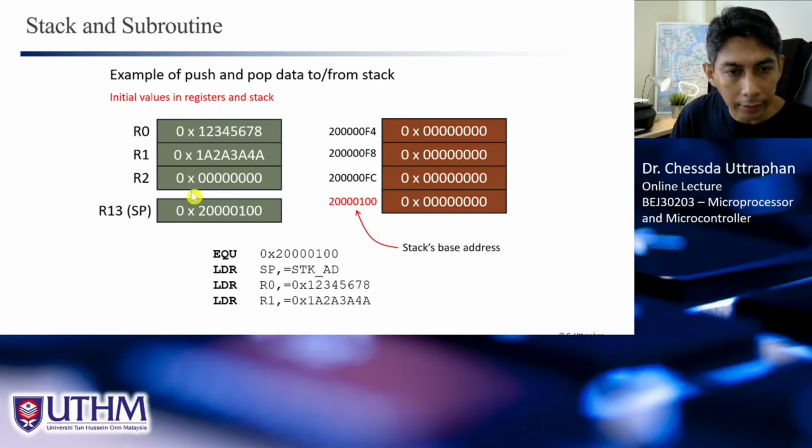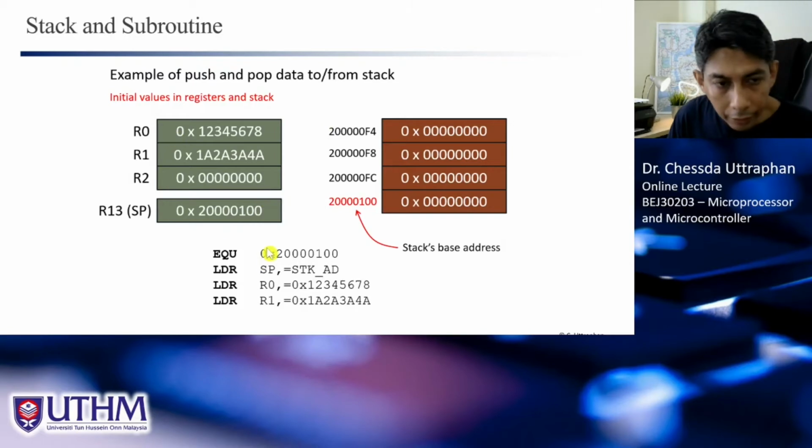So let's look at this example. How does this work? When we define the stack address and load it into the SP register like this, the SP will get this address, right?